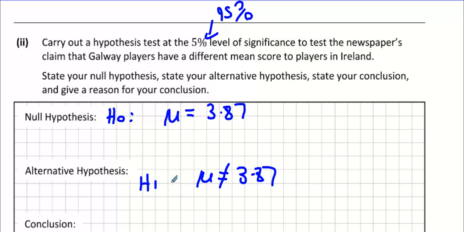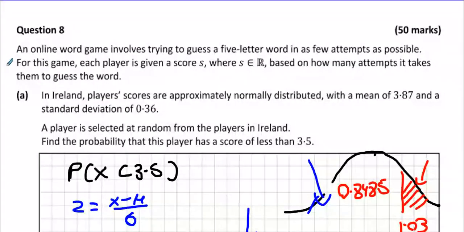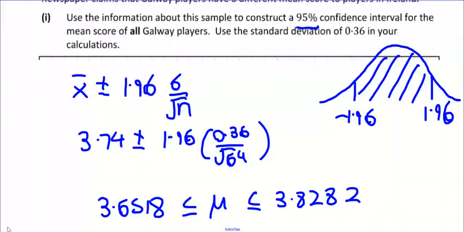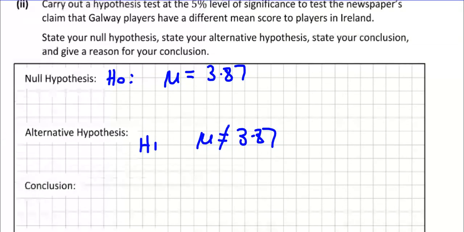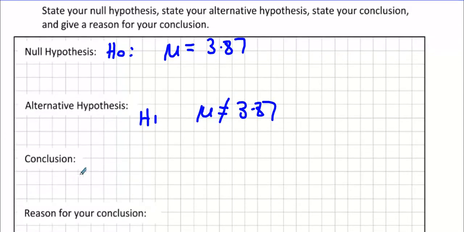Okay, now what do we think about our confidence interval? Is 3.87 inside this confidence interval here? Is 3.87 in this range? That means 3.87 is actually in the critical region, outside the 95%. See the way it's not included? So what does that mean? Accept or reject? Yeah.